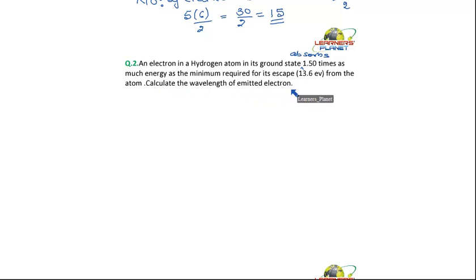Calculate the wavelength of emitted radiation. So students, we have done such sort of question.